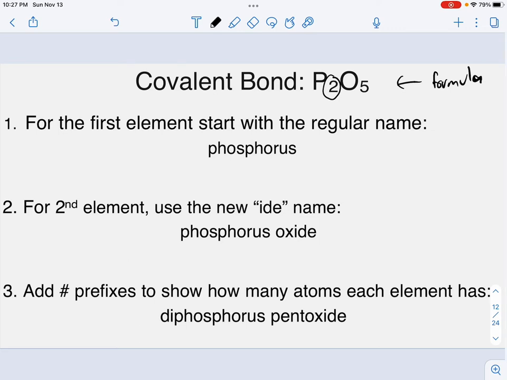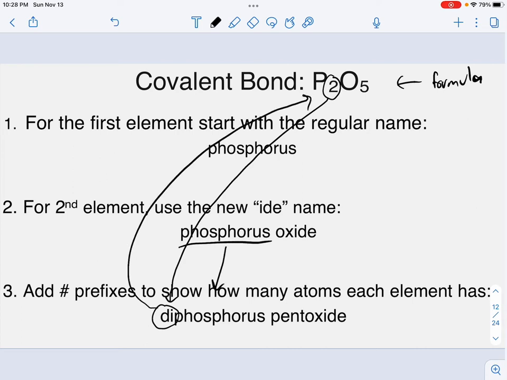So you go to your prefix chart and we use the prefix di for 2. So we're going to add di in front of phosphorus. So we had phosphorus, but now it becomes diphosphorus because we have 2 atoms of phosphorus.